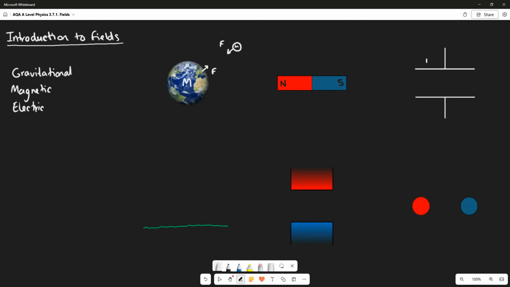Electric fields are exerted around positive and negatively charged objects. We can represent fields using vectors. So here are the force fields from mass.